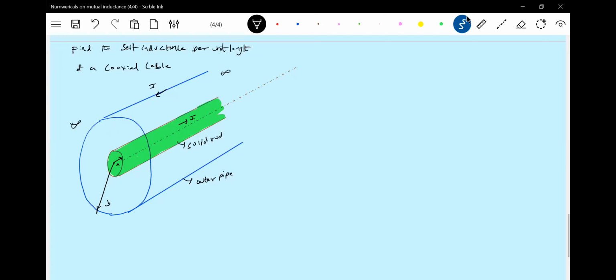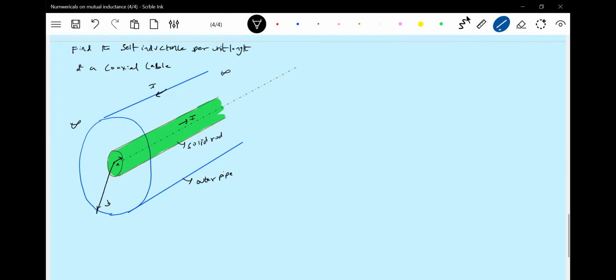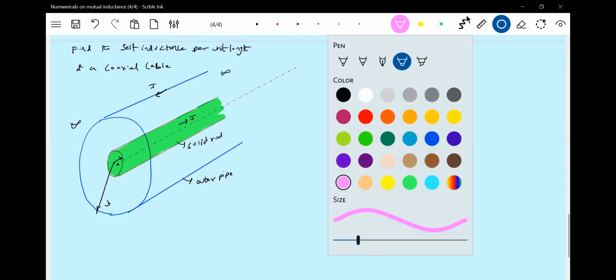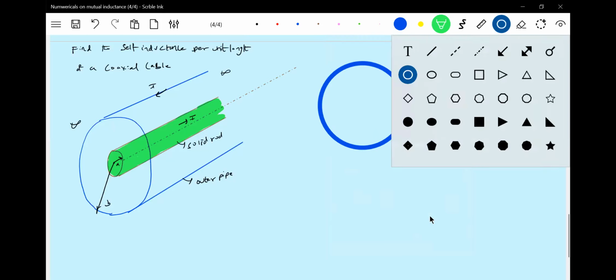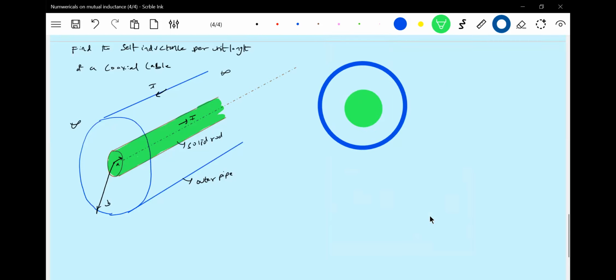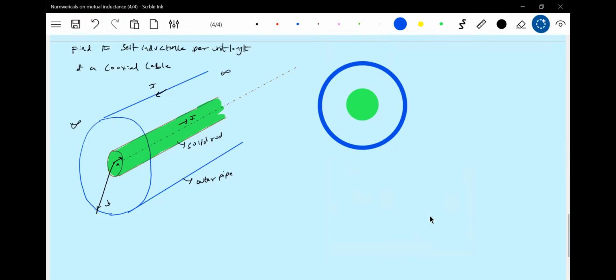How will the magnetic field be produced by this? There's a cross-sectional view that I'm showing.